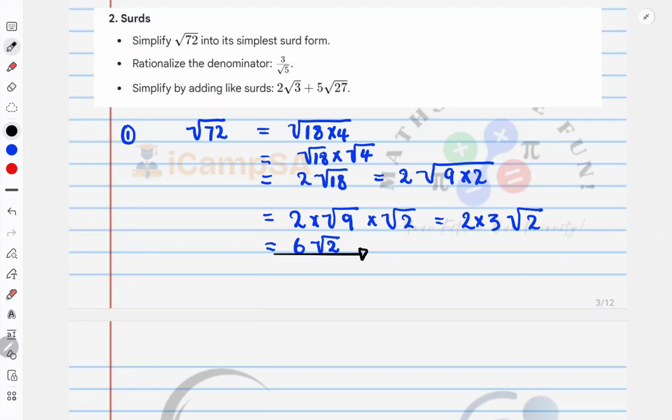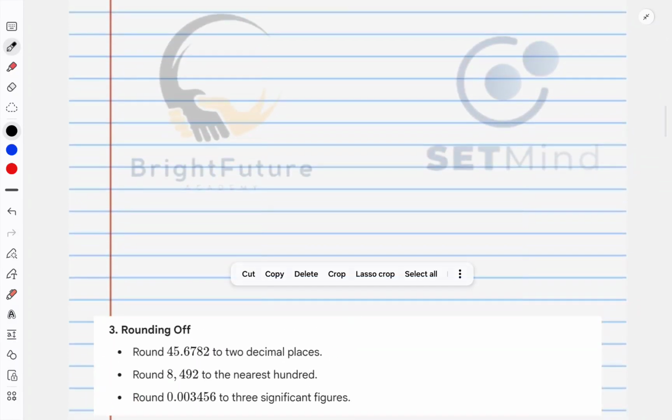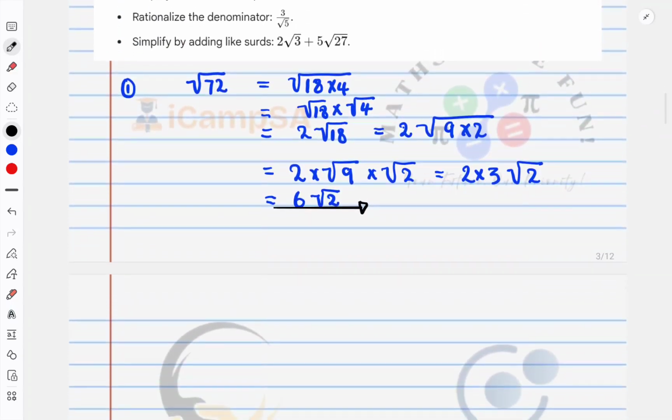Okay, and then we are asked to rationalize the denominator. For number 2, we are asked to rationalize the denominator.